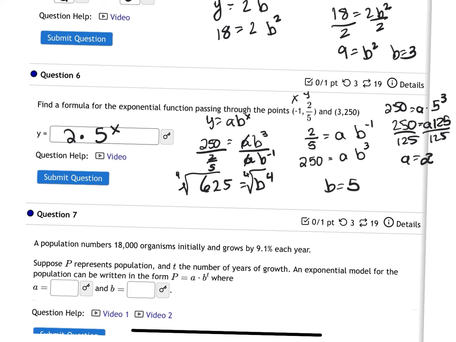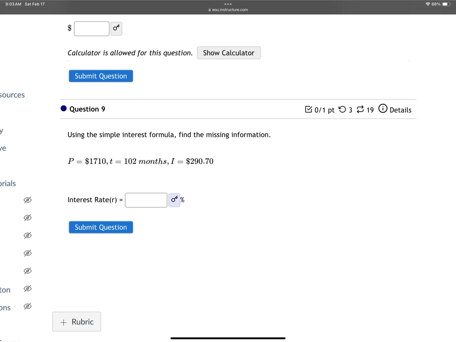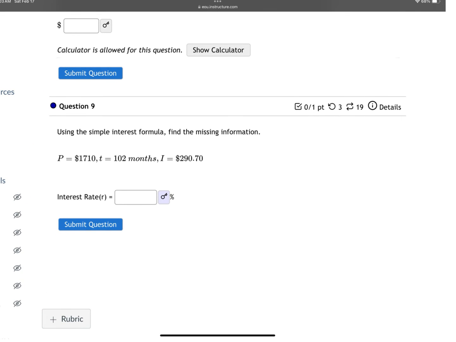All right. And the number 9 problem in 6.2. So this one, they want us to use the simple interest formula. Simple interest is not compounded.